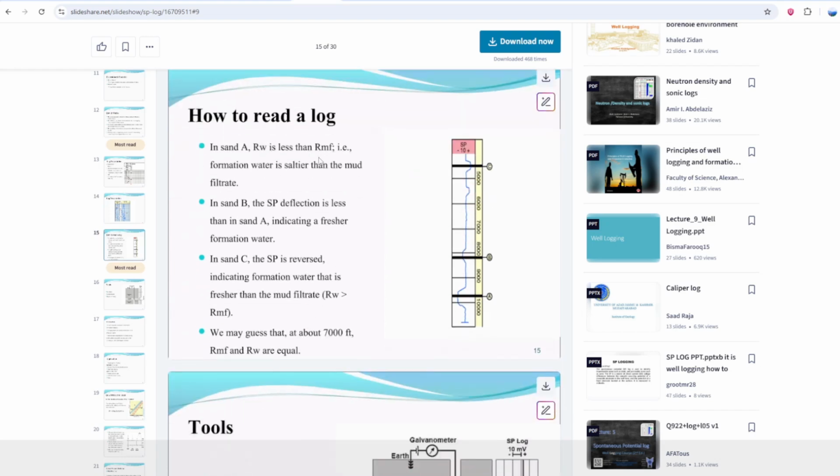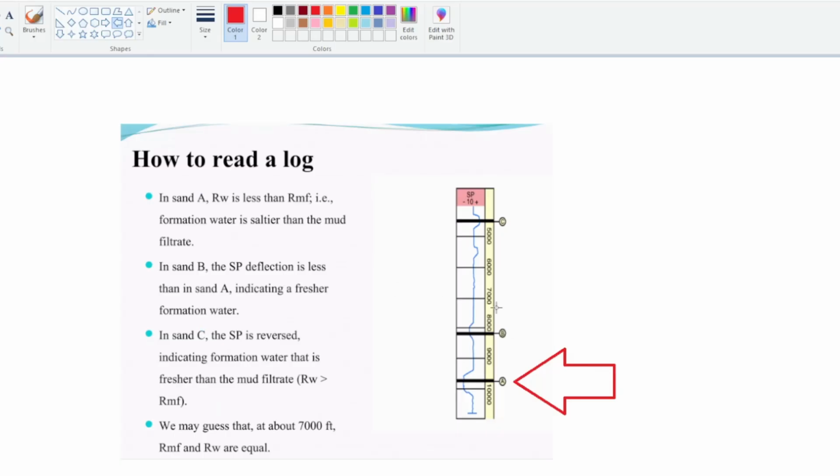So how do we read this log? We have here three types of sandstone. Let's focus first on the first one, which is this one. In sand A, we have the deflection of the SP curve to the left. So it's indicating permeability, it's indicating that we have a change in lithology. So we know it can be a sandstone, but there's a change in lithology for sure.